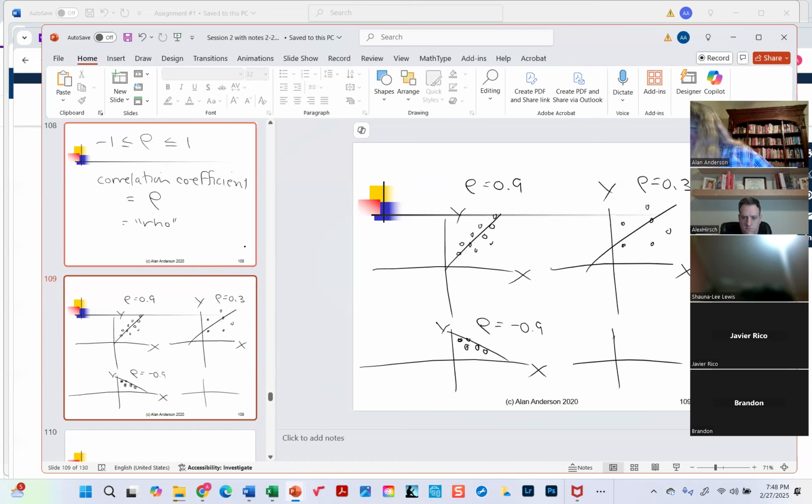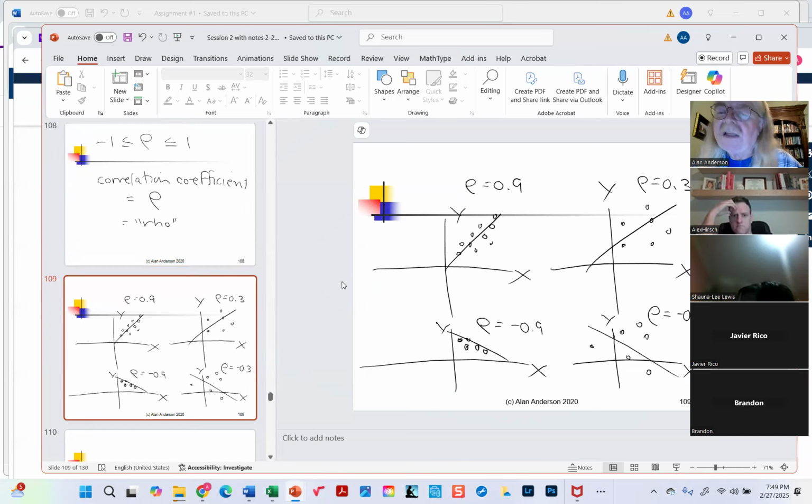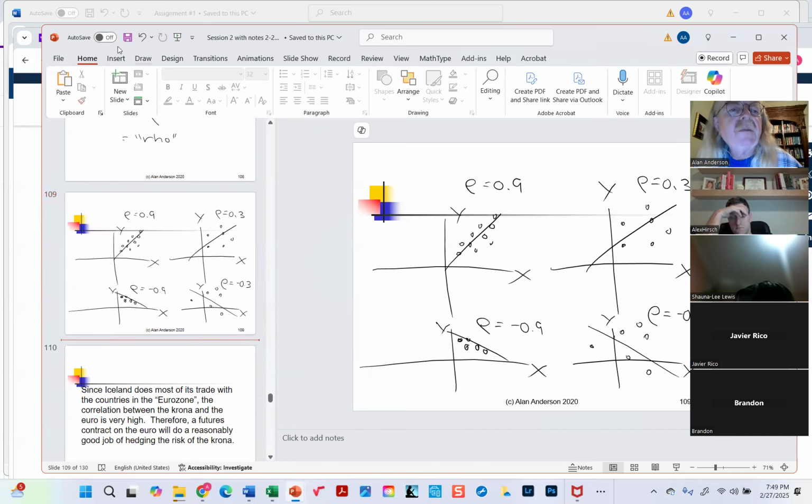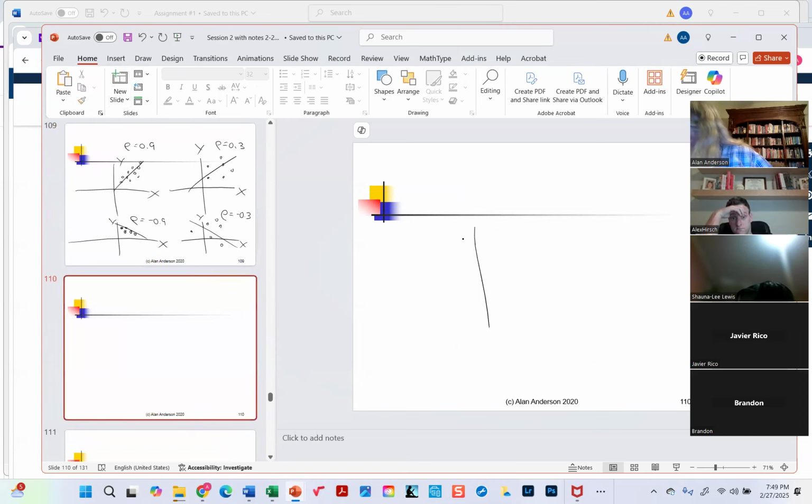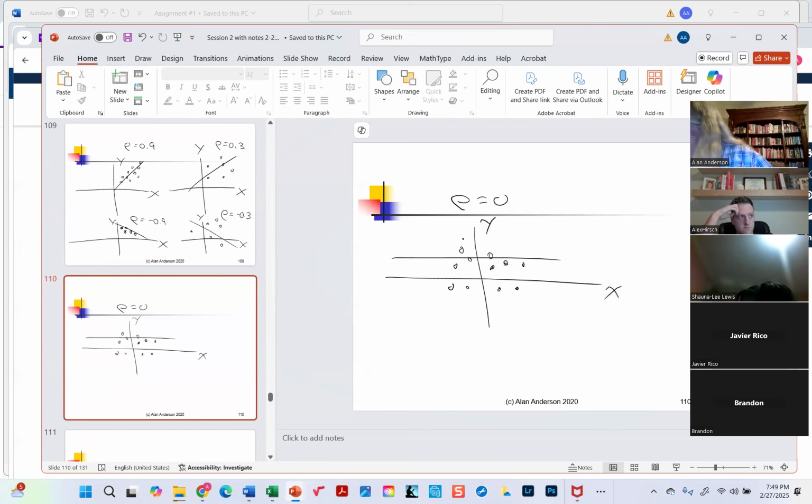And then same thing down here. So in the upper left-hand corner, we have a strong positive relationship. The upper right-hand corner, it's a weak positive relationship. Bottom left-hand corner, a strong negative relationship. Bottom right-hand corner, a weak negative relationship. And then one possibility, which is very important, is the one where the two variables are essentially unrelated to each other. In that case, rho would be 0, and these variables are independent or unrelated to each other.